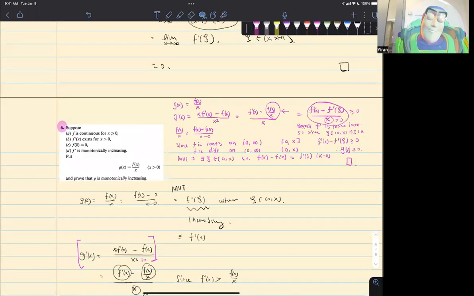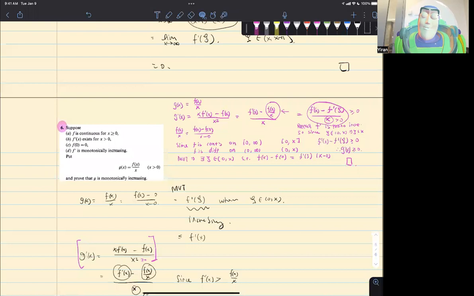I think the key idea is still using the mean value theorem. You need to recognize the place where you need to apply the mean value theorem, and there are some hints that you need to be careful about when you're reading the problem statement.